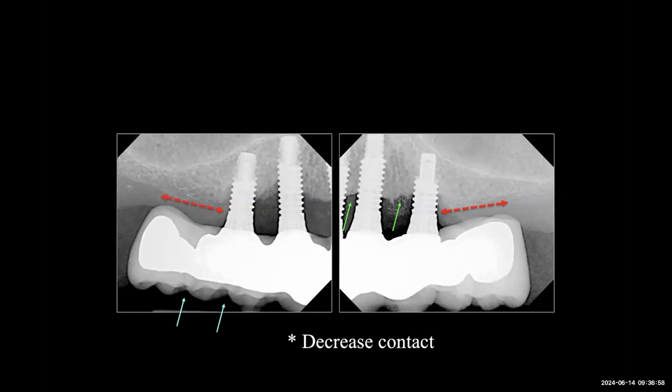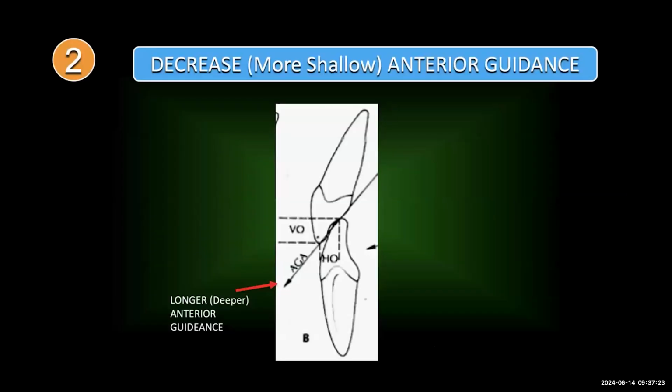So what you don't want are plunging cusps hitting into cantilevers. In the posterior, you don't need 30 plus degree cusp angles. You want a more monoplane and a very, very benign contact, so you don't have those strong contacts where the force is going to build up and you end up with a fatigue fracture.